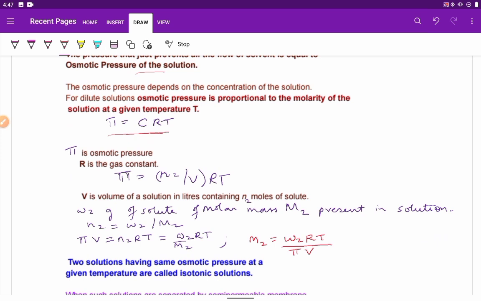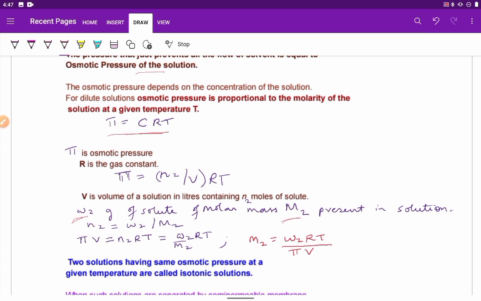If we have W2 grams of the solute whose molar mass is M2, then n2 will be W2 by M2, that is, the amount of the solute given divided by its molar mass. We get the number of moles.